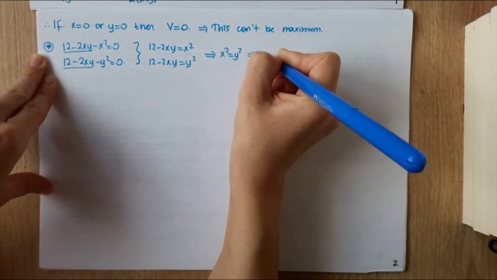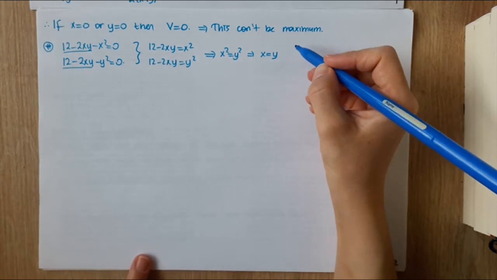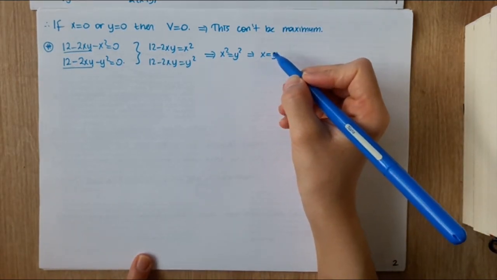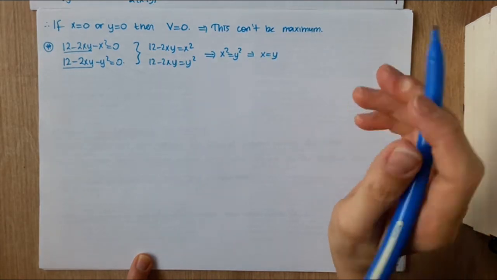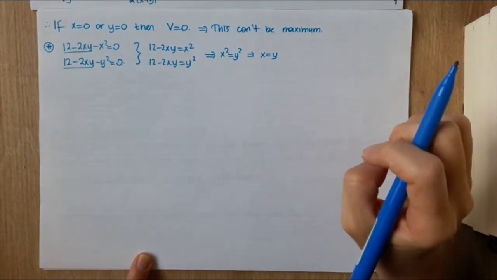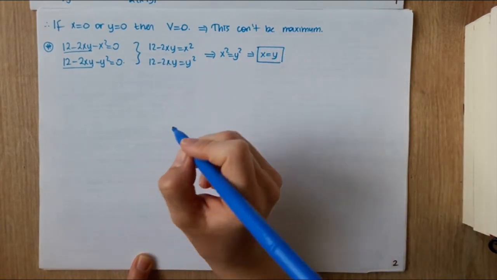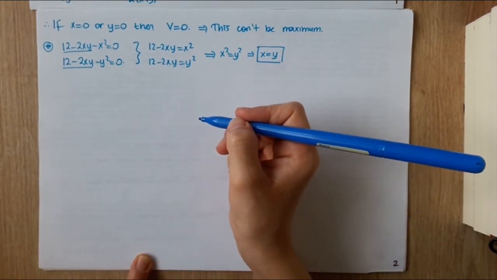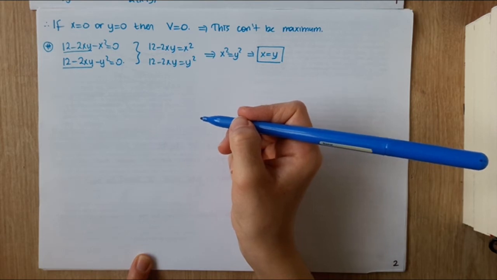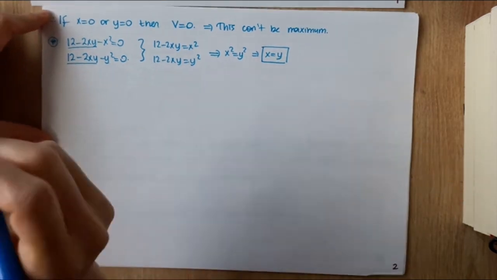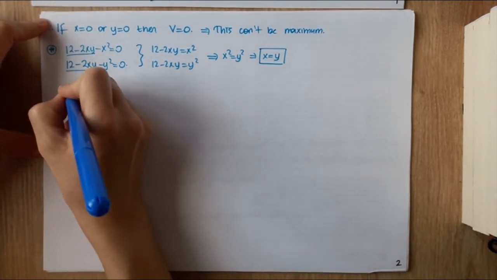So x equals y. We won't take x equals minus y because we know that x, y, and z are lengths, so they should be positive here. So we have only one choice, which is x equals y. If we put x equals y in either equation, we obtain this result.